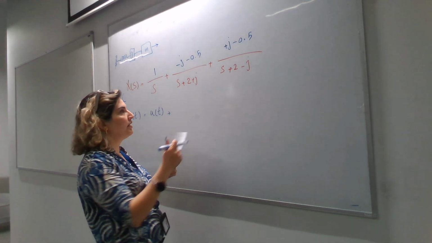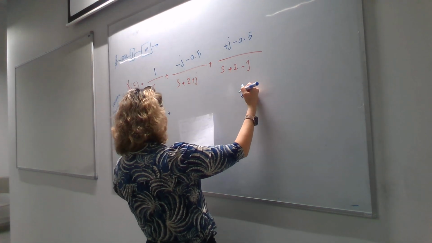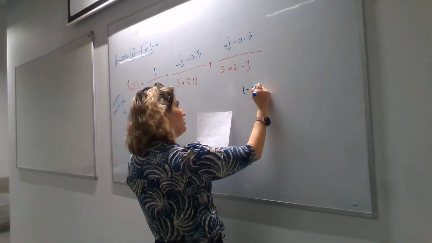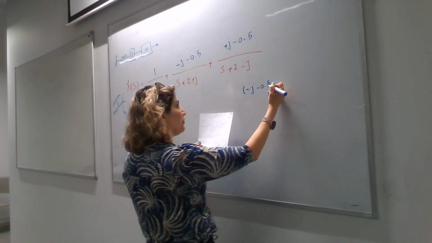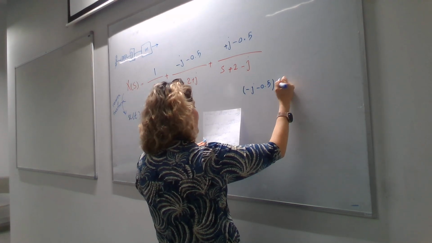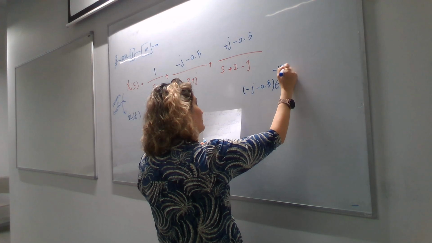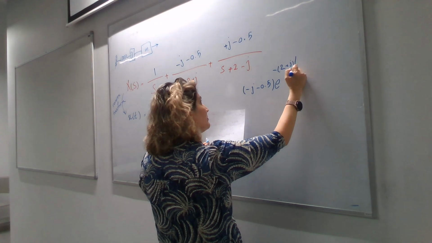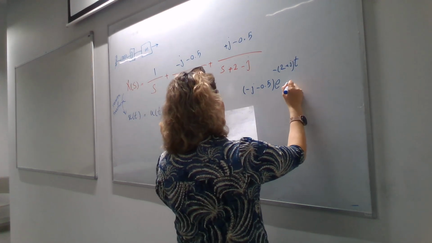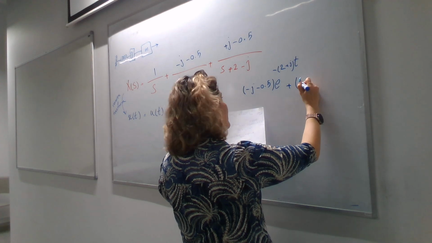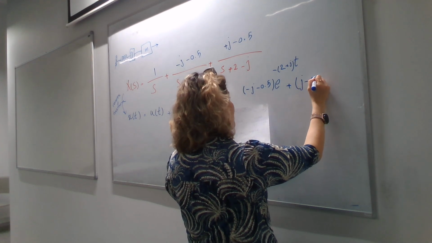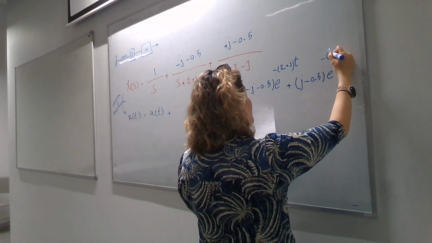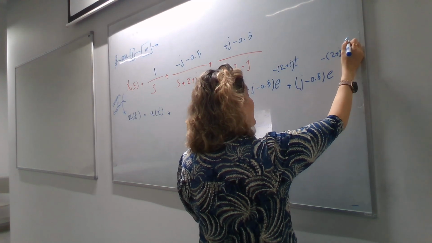So if I write a little bit of the mathematics that we use, minus j minus 0.5 exponential of minus 2 plus jt plus j minus 0.5 exponential of minus 2 minus jt.